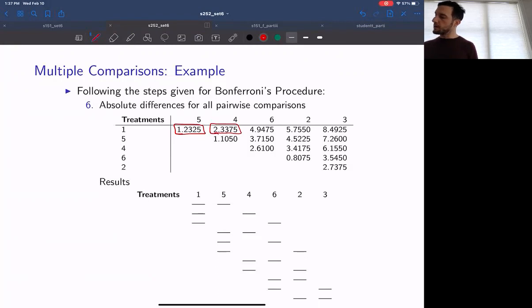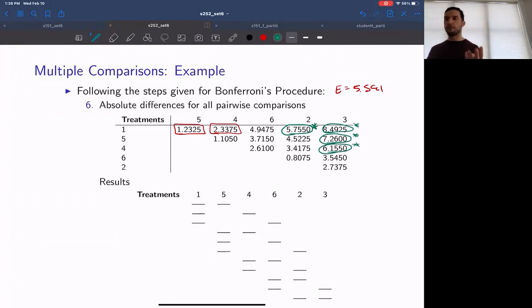Our margin of error was 5.591, so we are looking for any difference that is larger than 5.591. We will star those. So here's one. Here's another one. Here's another one. And here's another one.